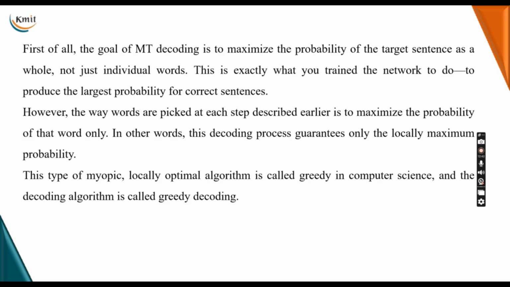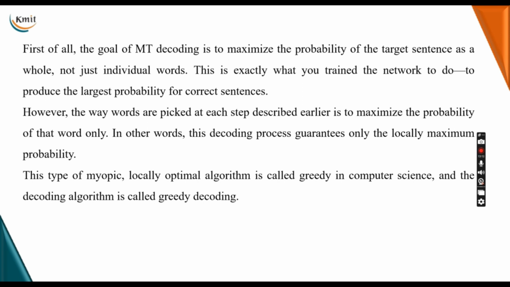First of all, the goal of MT decoding is to maximize the probability of the target sentence as a whole, not just as individual words. This is exactly what we have trained the network to do, to produce a good probability for the correct sentences. But sometimes the words that are picked at each step to maximize the probability may not function properly.